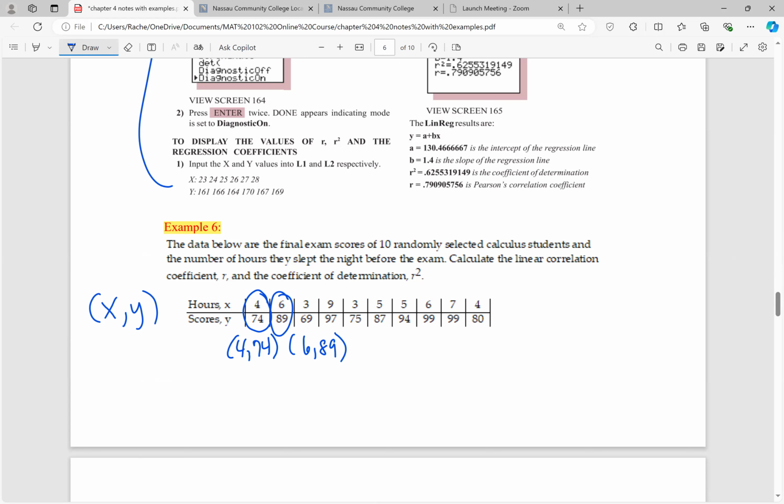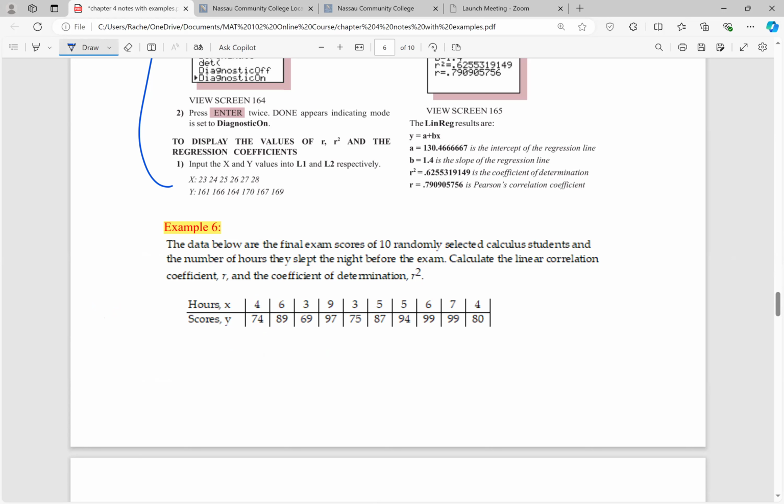If we were to actually plot these ordered pairs on a set of axes, that would be our scatter plot. But again, we don't have to do this by hand. We have a graphing calculator. So let's have the graphing calculator make the scatter plot for us. That's what I'm going to teach you how to do now, and then I'll show you how to calculate R and R squared. So the first thing you have to do is enter your data values into a list in the calculator.